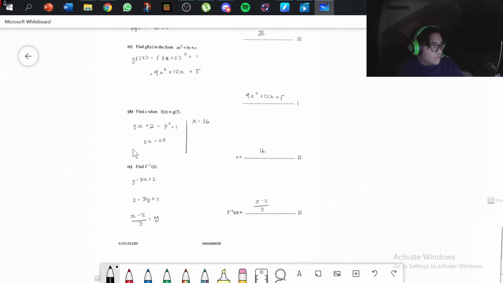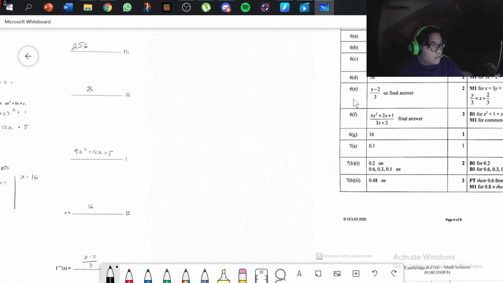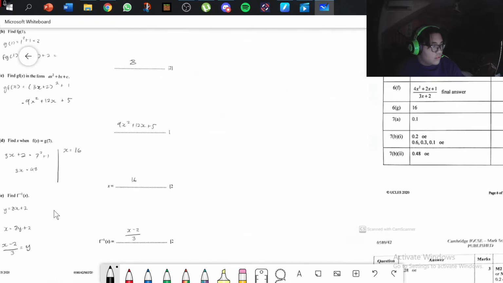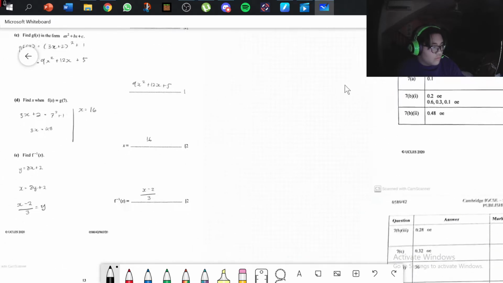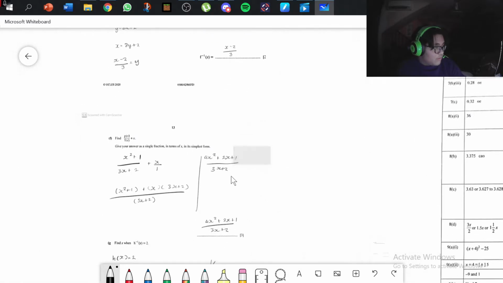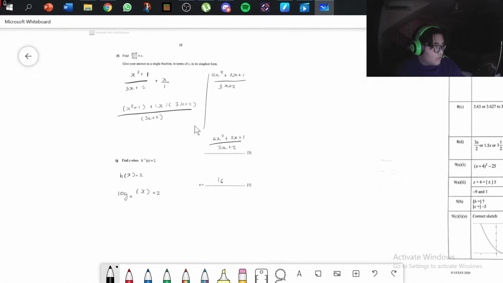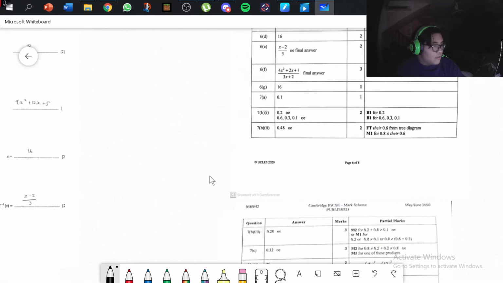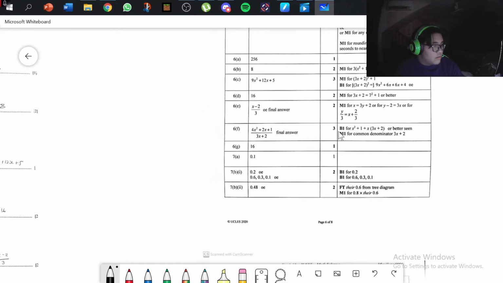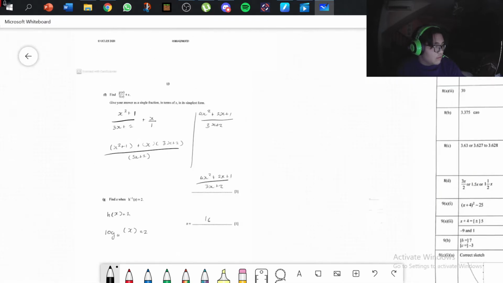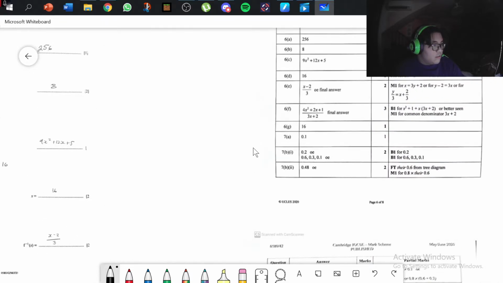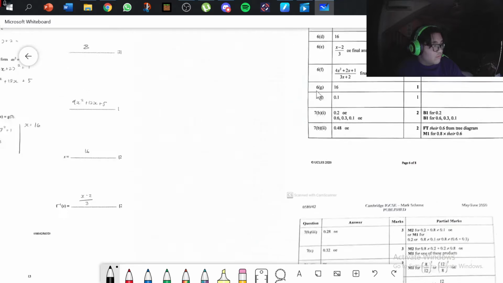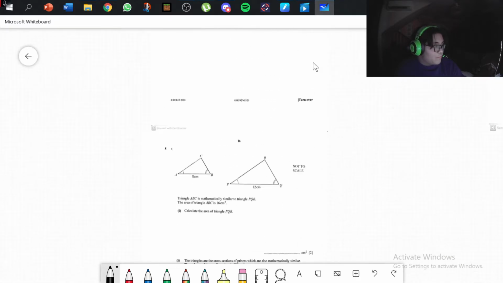Get 3 marks for here. 16, 2 marks, same thing. Then e, same thing, 2 marks. Then f, we did the working, it's all correct. We get the same thing, 3 marks for that. And g, inverse of x, is 1 mark.